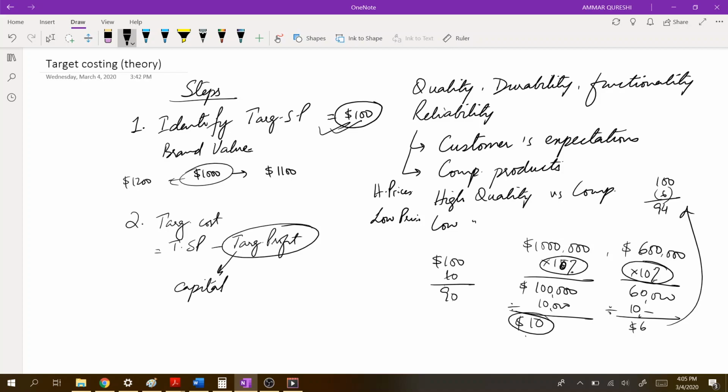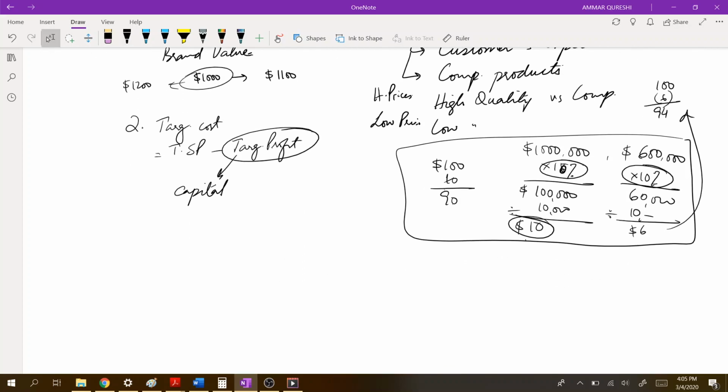So it all depends on the situation, but this point is very important in charging the profit, how much profit the company should charge from the product, right? So by deducting this targeted profit, we can come up with what the targeted cost of the product should be, right?